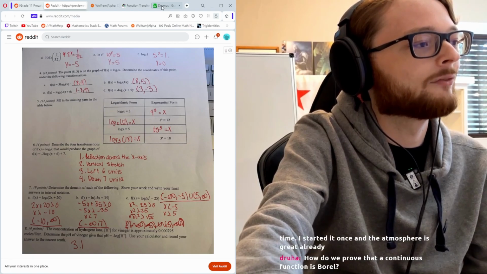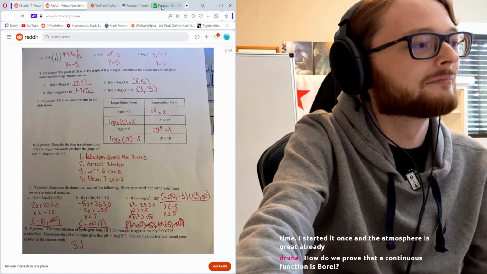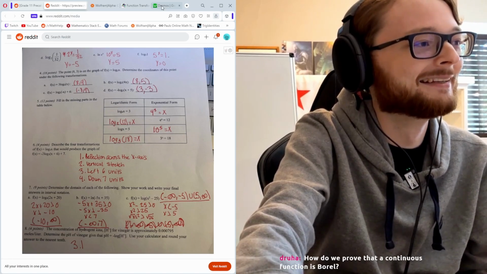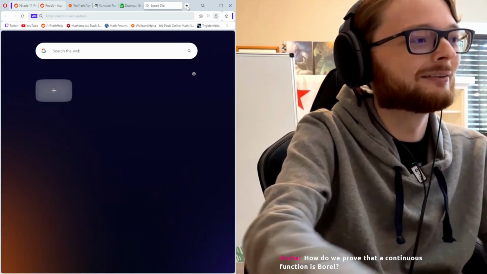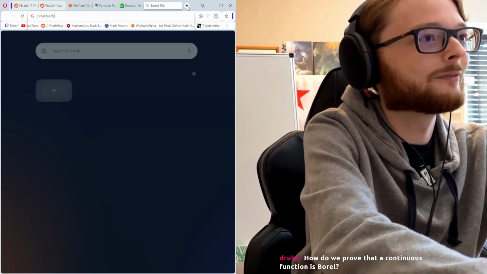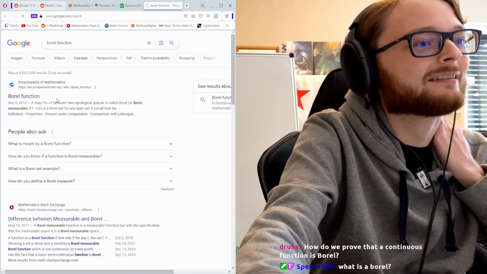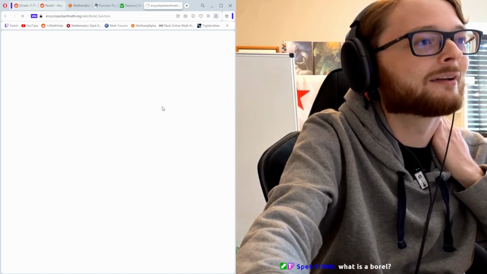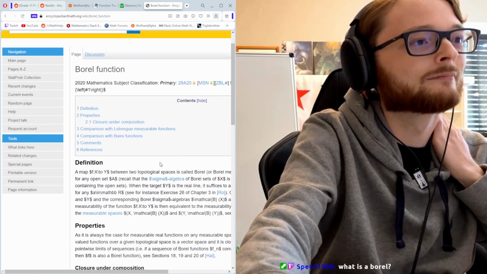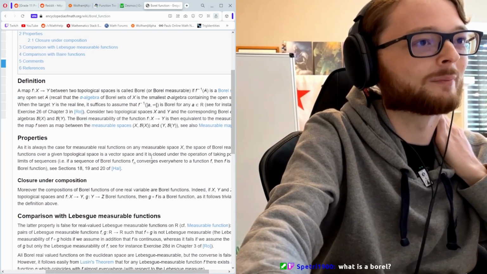How do we prove that a continuous function is Borel? No clue. Borel function? Okay, it is a real thing, I guess. Encyclopedia of Math. I never heard of this. English math is so much harder than German math.